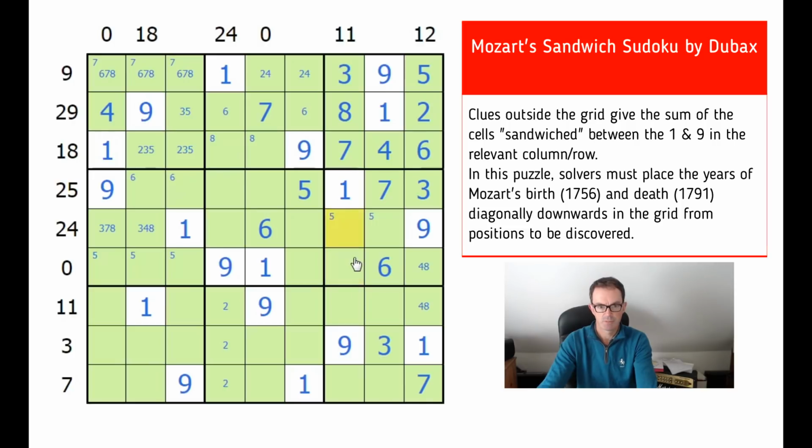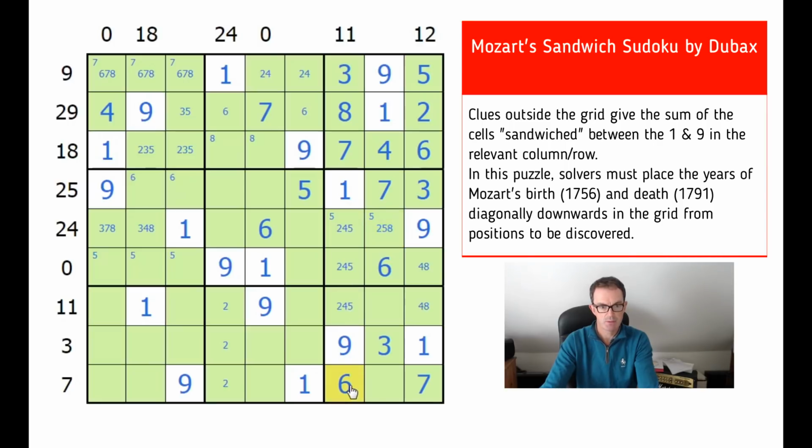Okay. This one could still be 5, but at least we know now this is 2, 4, and 5. So this square here must be a 6. 2, 5, 8 here. Oops. 2, 4, 5.